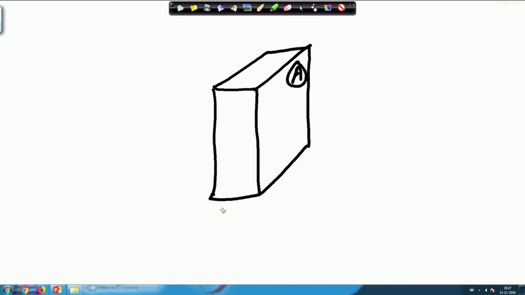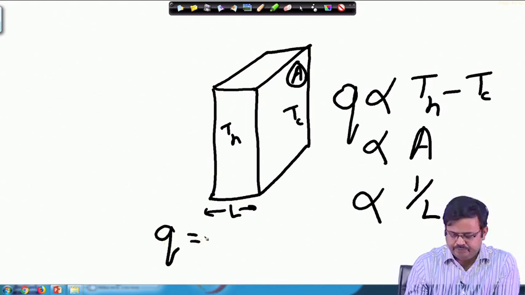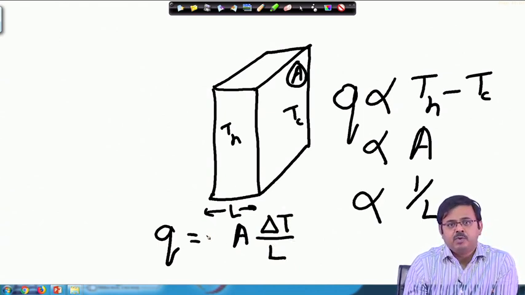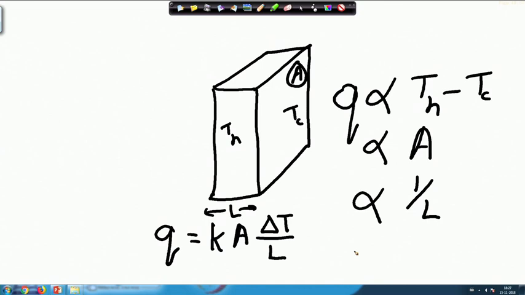This surface area is A, this thickness is L, this face is at T H, this face is at T C. Then Q is going to be proportional to delta T, that is T H minus T C. It is going to be proportional to the surface area A, and it is going to be proportional to 1 over L. So, the final expression that we write is Q equals K A delta T over L, where delta T is T H minus T C, and the proportionality constant is written as K, which is known as the thermal conductivity.